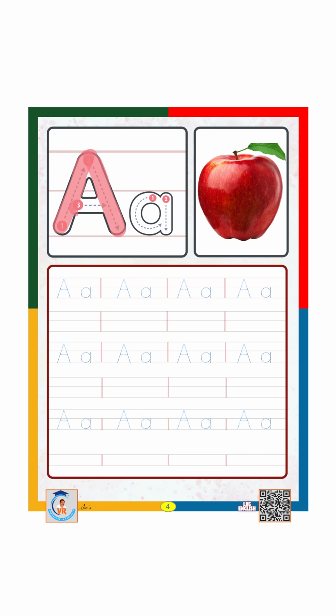Then start at 3. Join dots up to arrow. Look at the beautiful A we have written.